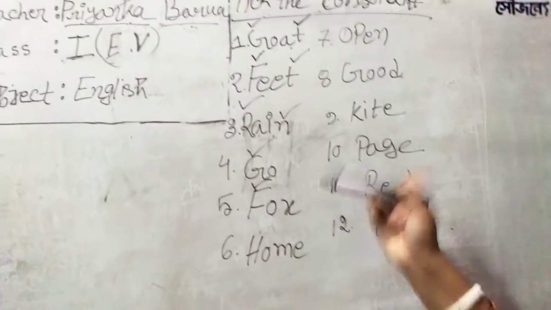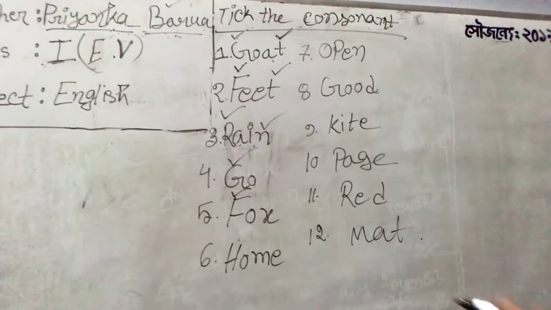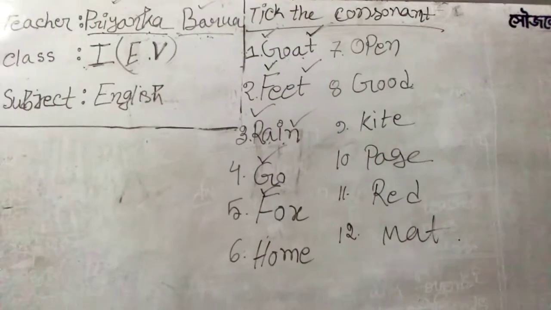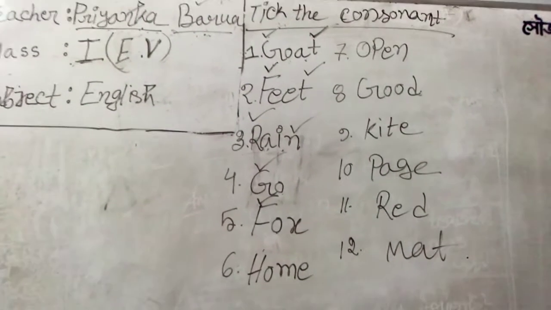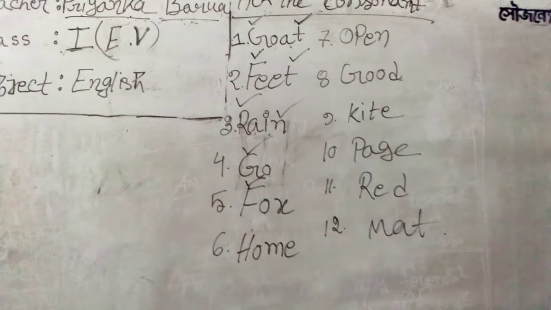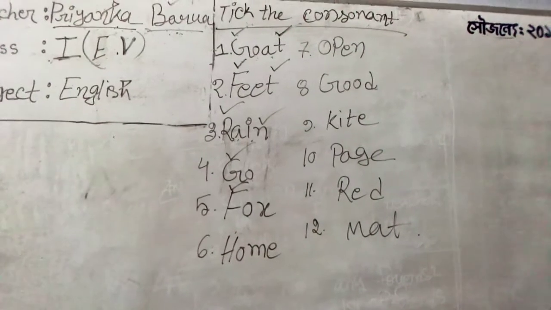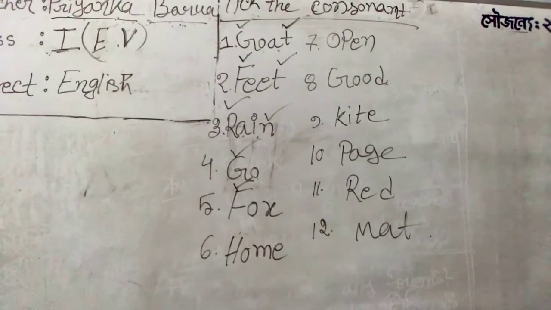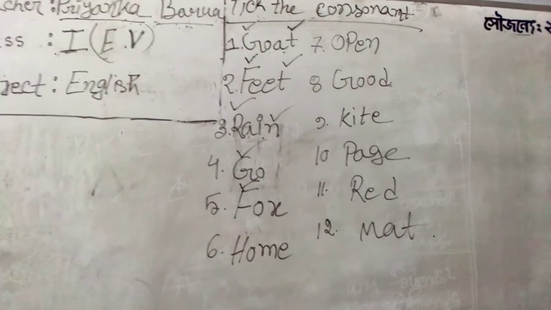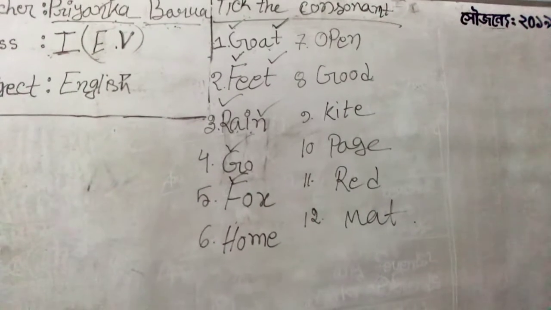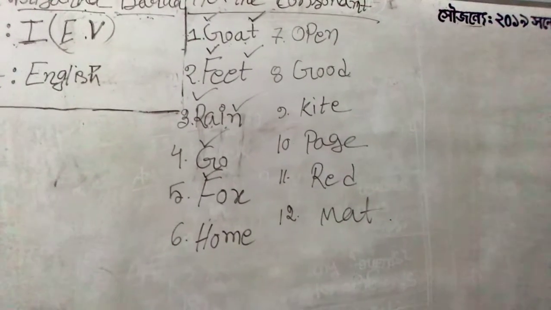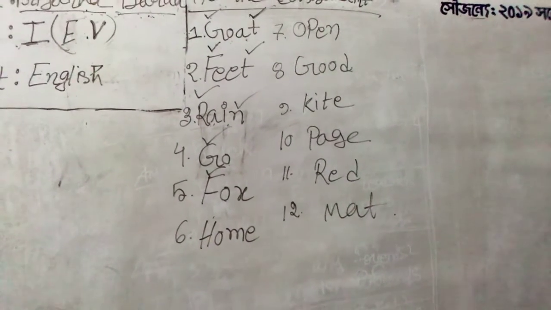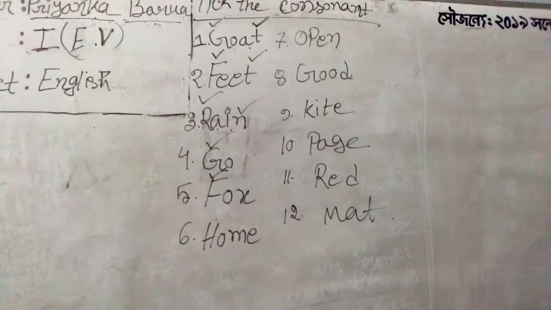Okay, you don't need to put the cross under the vowel. Seeing the tick mark on the consonant, we can easily, logically, know that yes, O is not a consonant. So X is a consonant. Is it a consonant? Do you think so? Yes, it's a consonant, babies. Do you really think so? X, A, E, I, O, U. Is there any X in the vowel list? Have you ever seen X as a vowel?